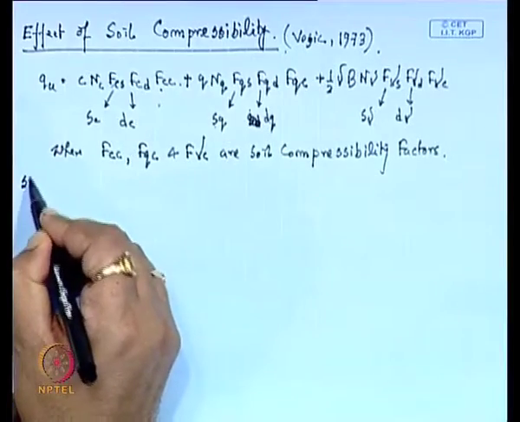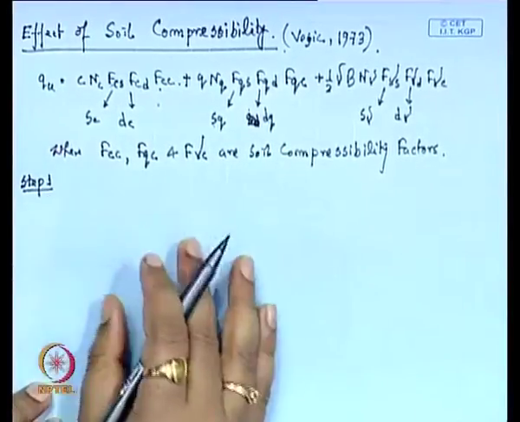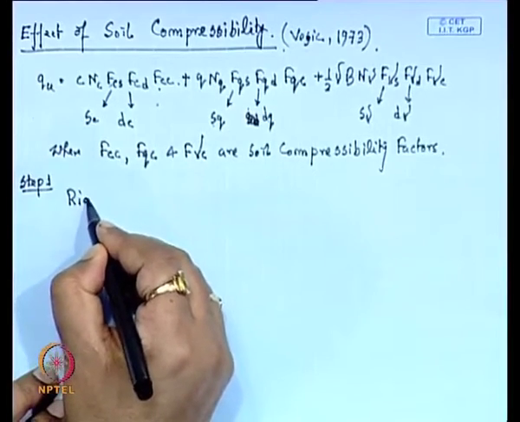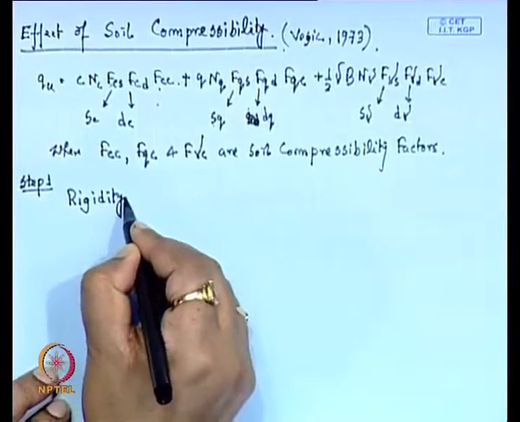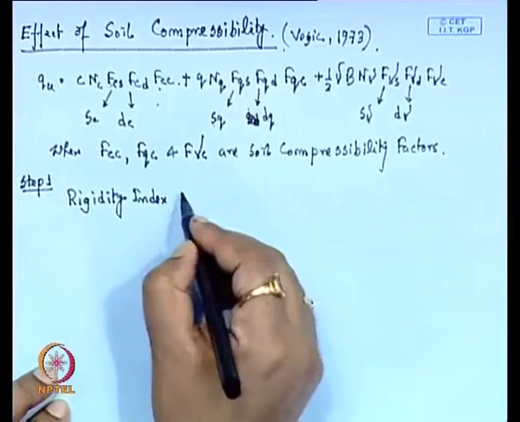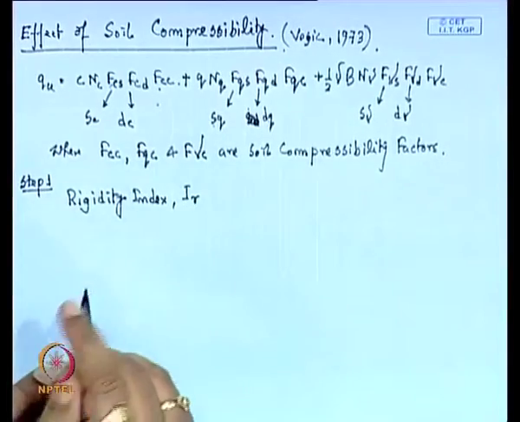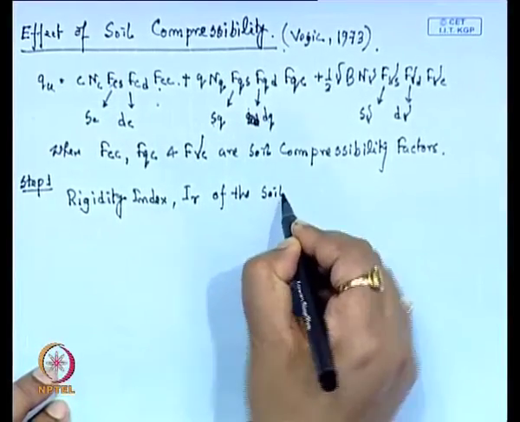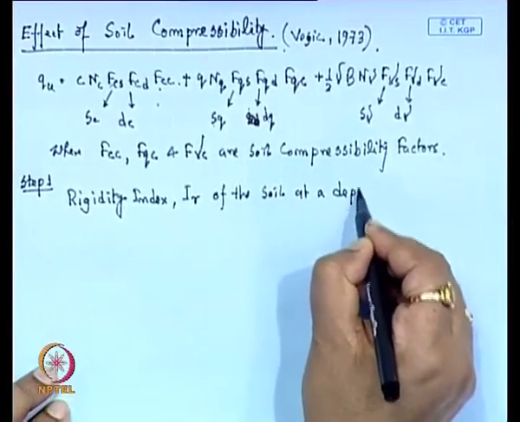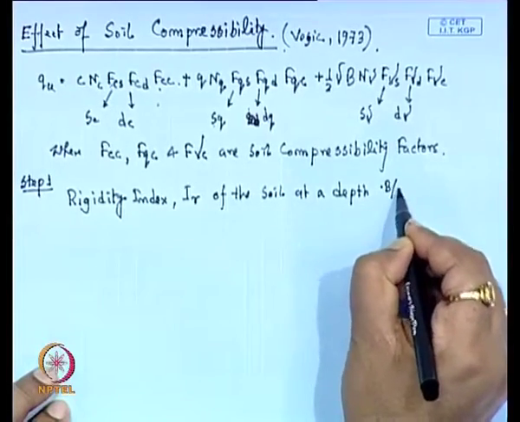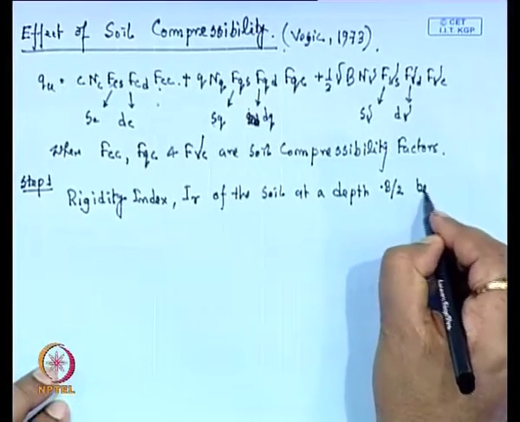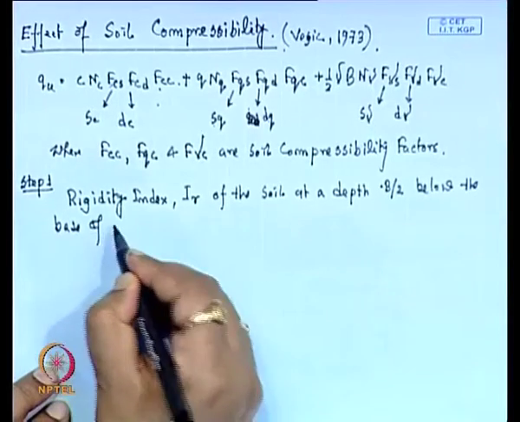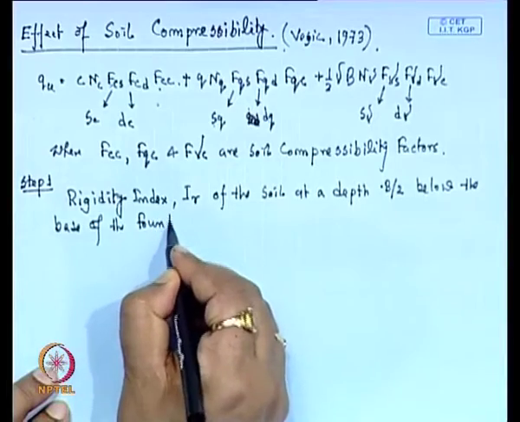Now, first step, we have to calculate the rigidity index IR, where IR is the rigidity index of the soil at a depth of B by 2 approximately below the base of the foundation.